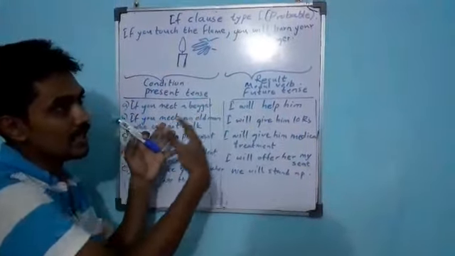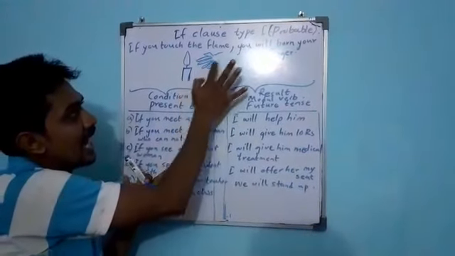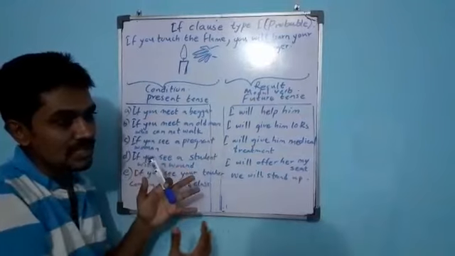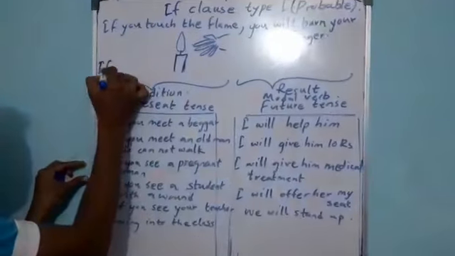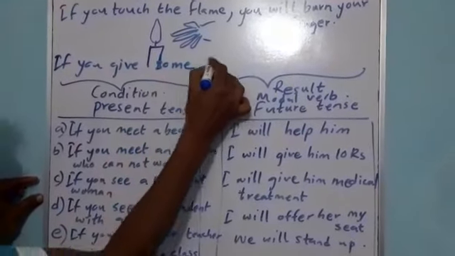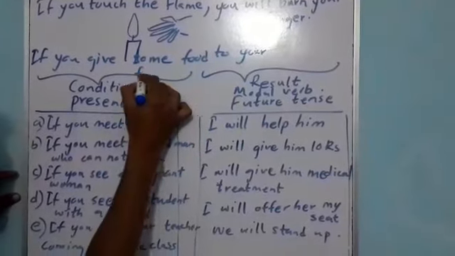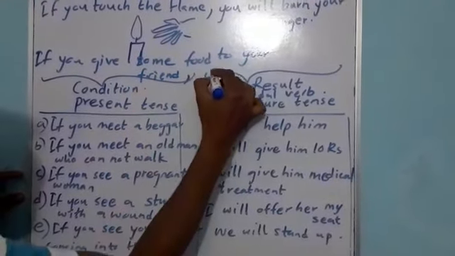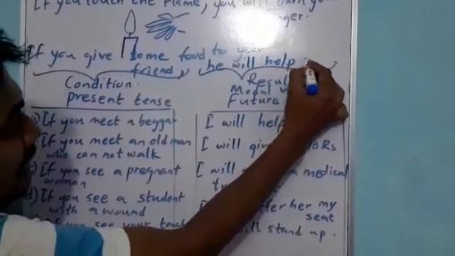Suppose you give some food to one of your friends, and your friend will help you with your homework. So you can write, if you give some food to your friend, he will help you.